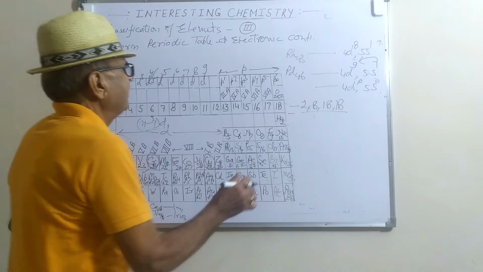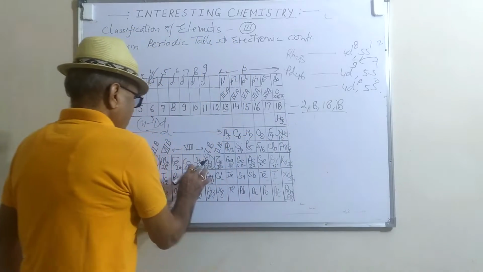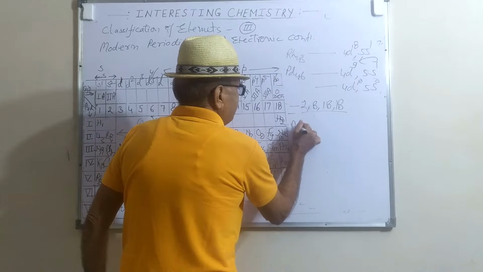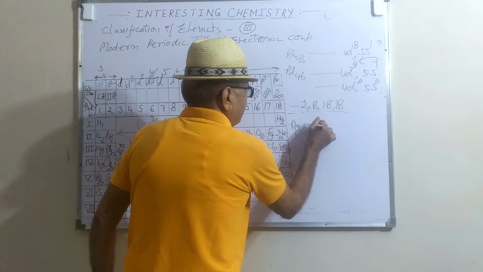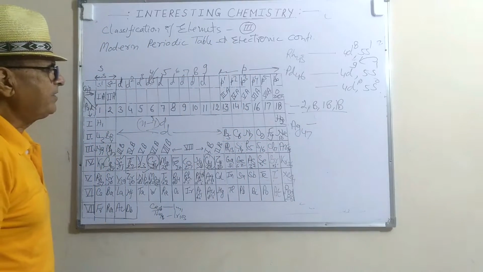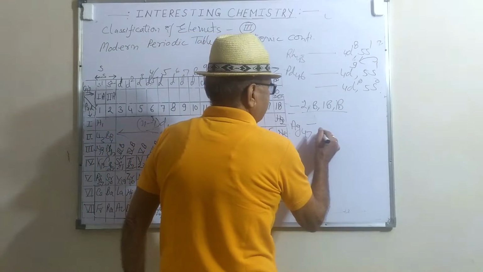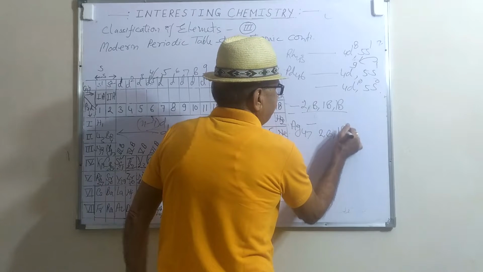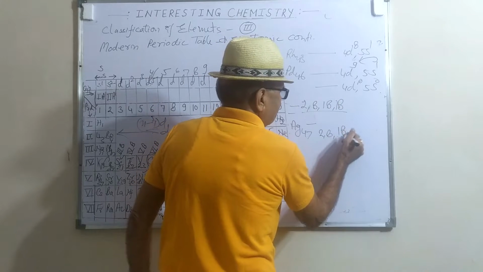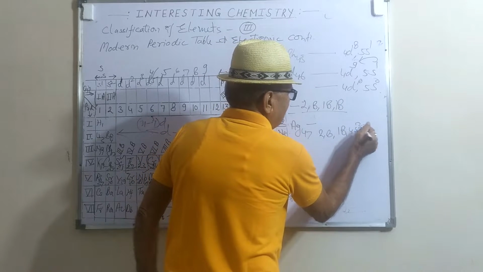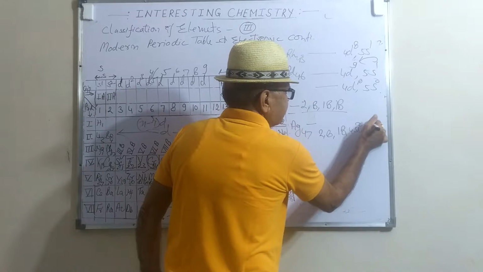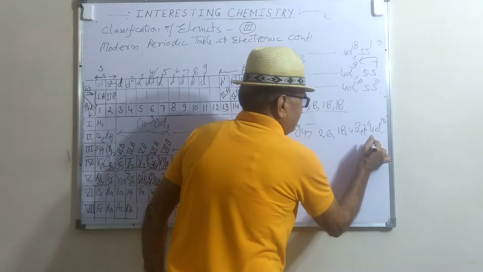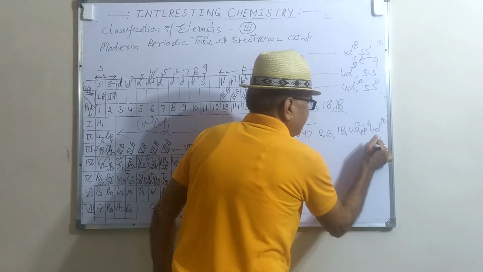Now come to copper and silver. This is silver, Ag, atomic number 47. Again, you will write the same 2, 8, 18, and this one is also 3d10, 4s2, 4p6, 4d10 and 5s1.